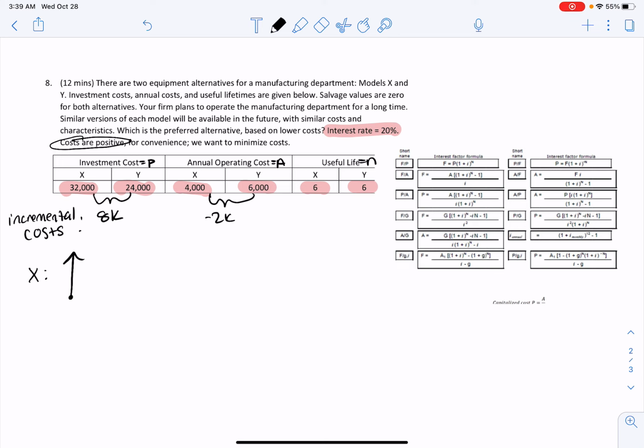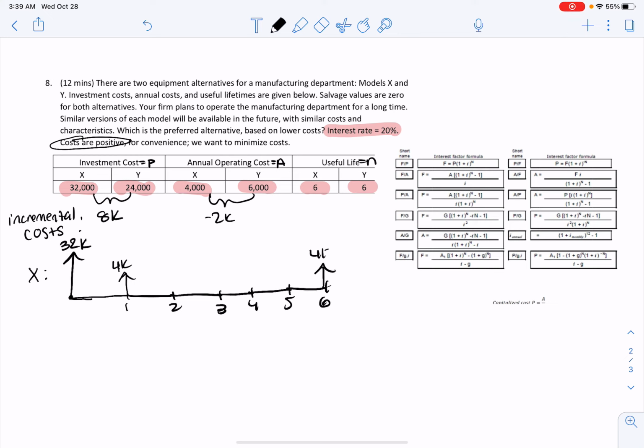A little bit messy. We've got 32K for our X, and then at year 1 we've got 4K. At year 2, 3, 4, 5, and 6 we've also got 4K.